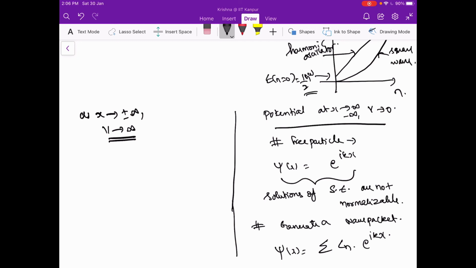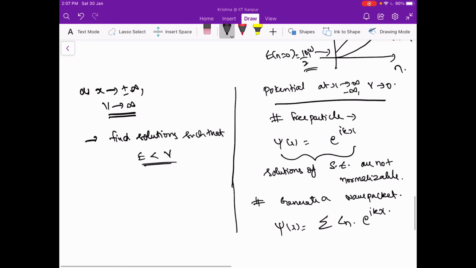So you can always find solutions such that E is less than the potential, right? Here the potential is 0, so you cannot have any energies lower than the potential. But here you can always find energies lower than the potential because the potential goes to infinity, right? And hence these solutions are called bound state solutions.